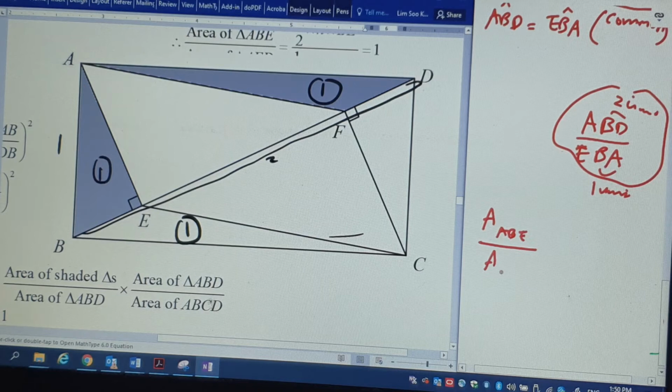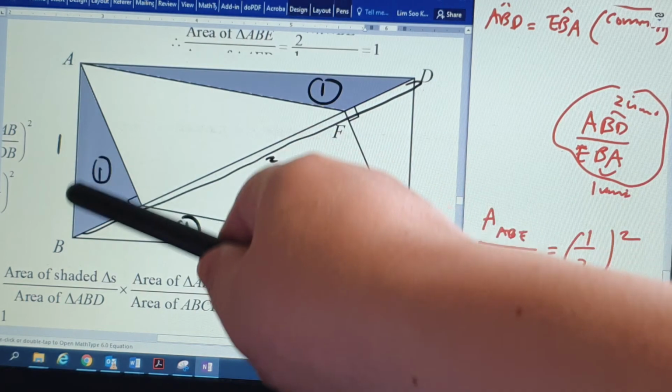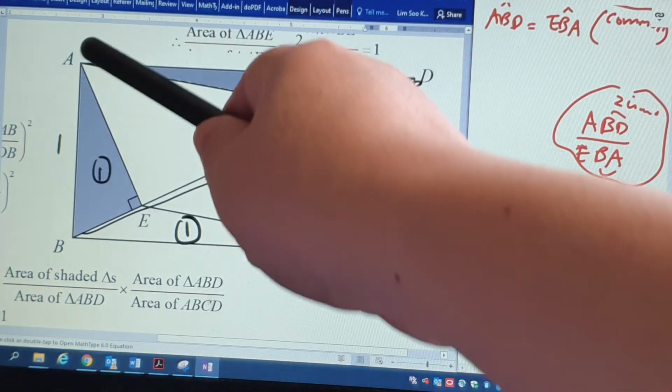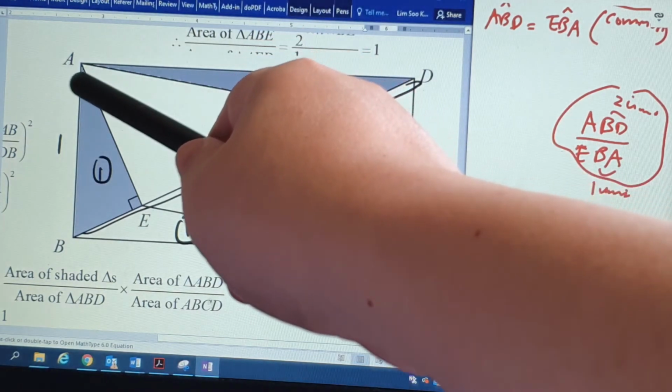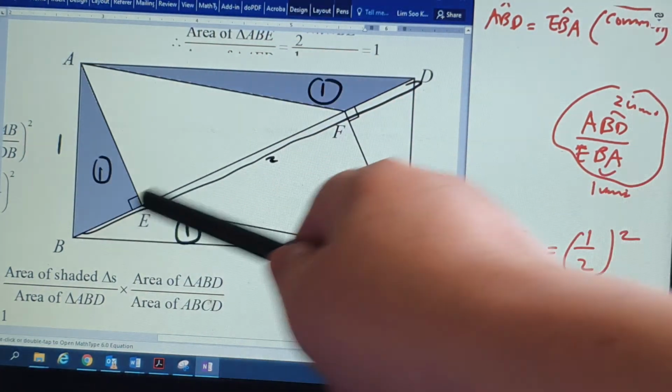Using A1 over A2 equals L1 over L2 squared, so this is 1 over 4. Can you see? It means that this is 1 out of 4.